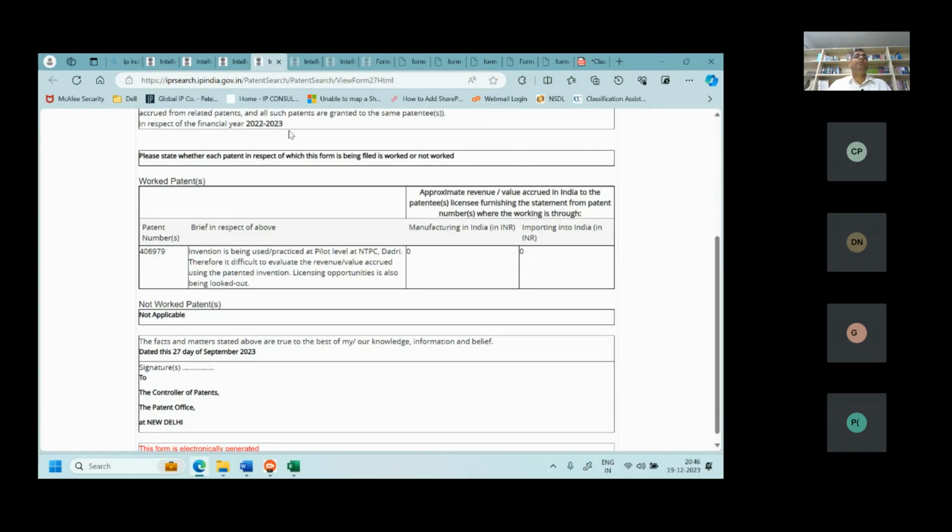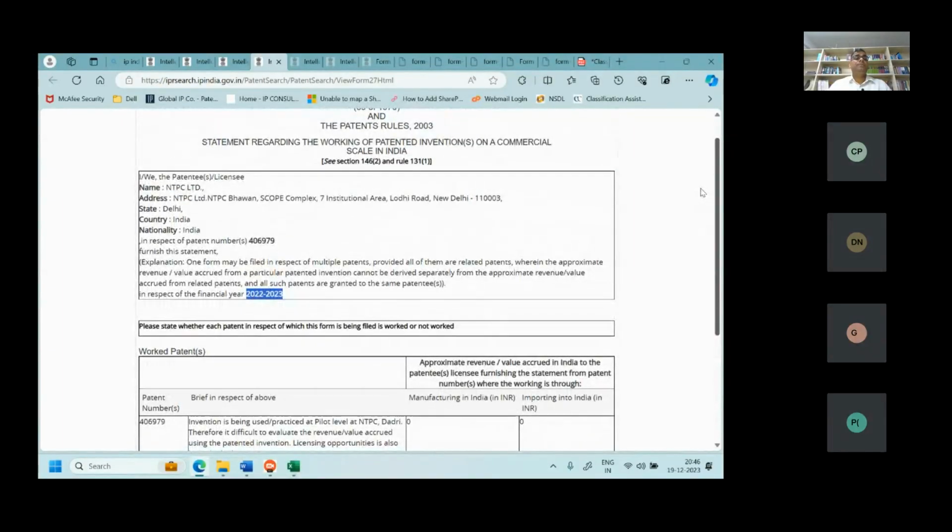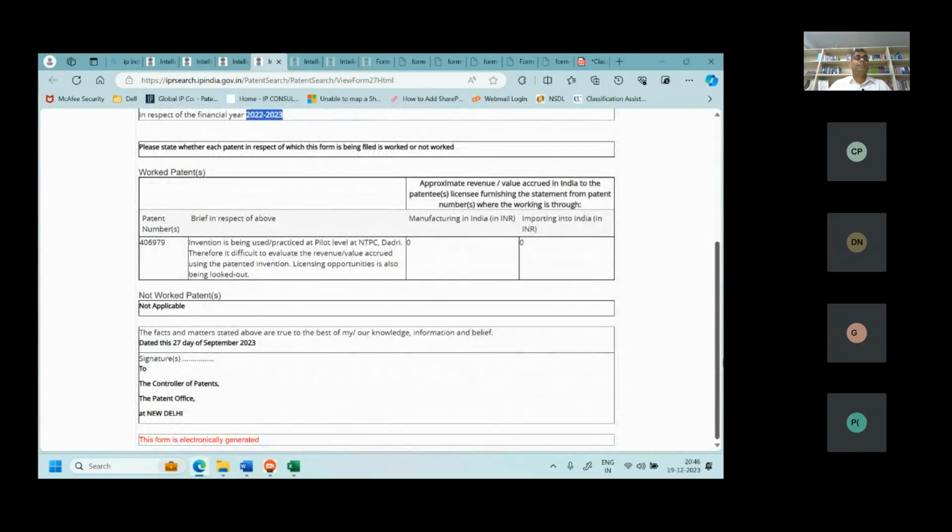They have submitted this for 22-23, submitted on 27 September 2023. You should submit before the expiry of six months of the financial year.